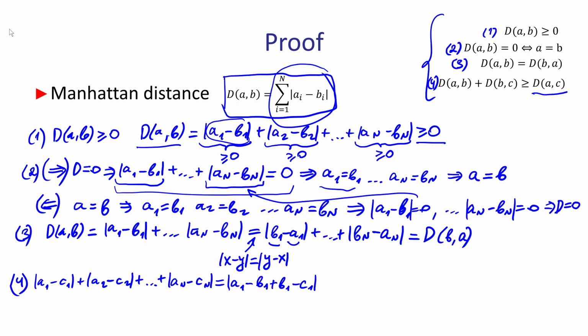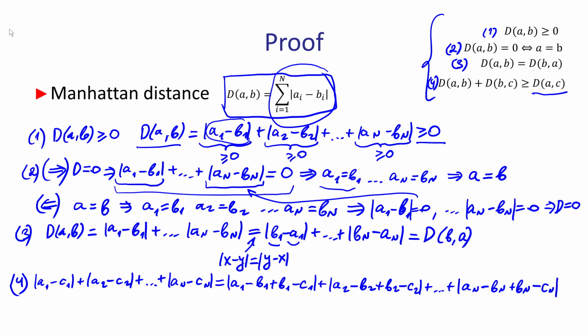The same thing I'm doing for the second one and for all of them. So I'm doing A2 minus B2 plus B2 minus C2 and so on until you get to the last one, AN minus BN plus BN minus Cn.